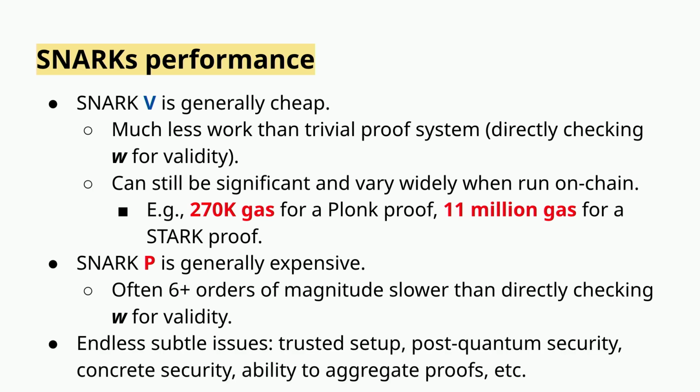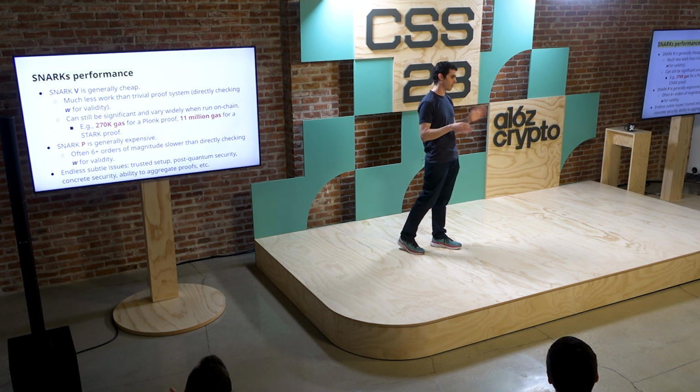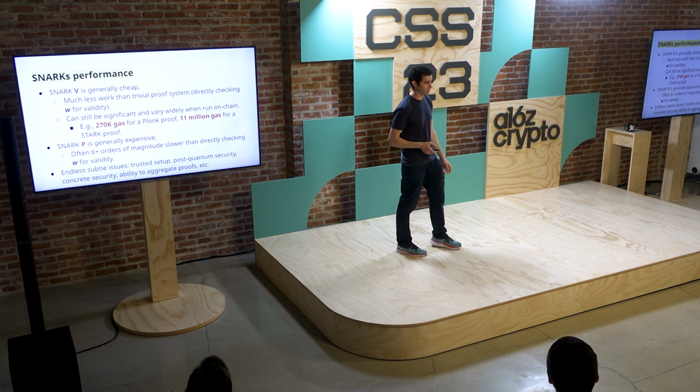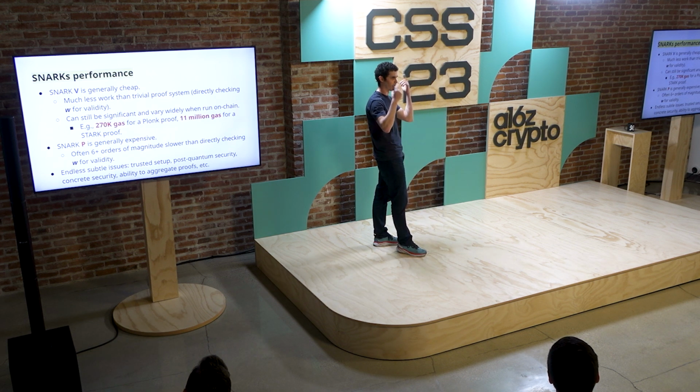Okay, and there are endless, more subtle, in-the-weeds issues, especially as you compare different SNARKs to each other in terms of their security properties, and, like, can you have the prover produce a bunch of proofs, but not post every individual proof to the L1, and rather just aggregate the proofs down into a single proof. So you can spend many, many years studying this stuff and still not have it all clear in your head.